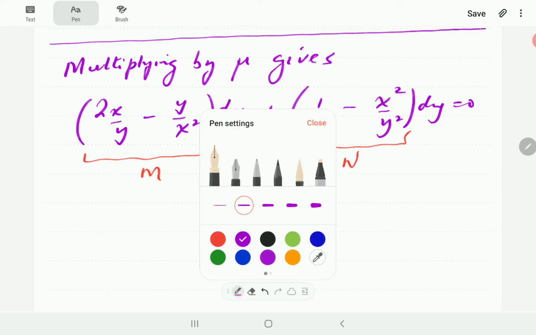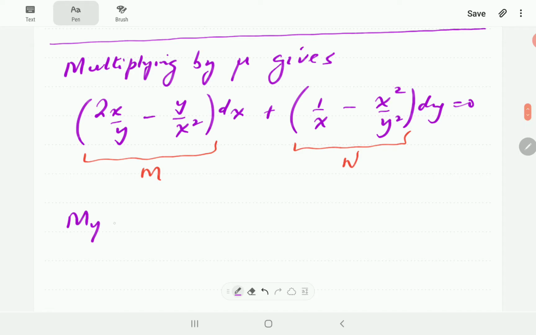Let's see what the derivative of M with respect to y is going to be. The derivative of 1 over y is negative 1 over y squared, and this term is going to give us 1 over x squared, because the derivative of y is just 1.